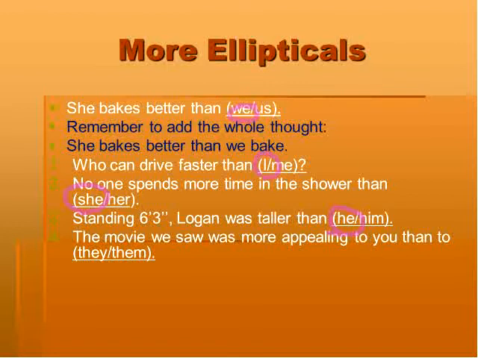Number 4, the movie we saw was more appealing to you than to, they. Good. The movie we saw was more appealing to you than to they.